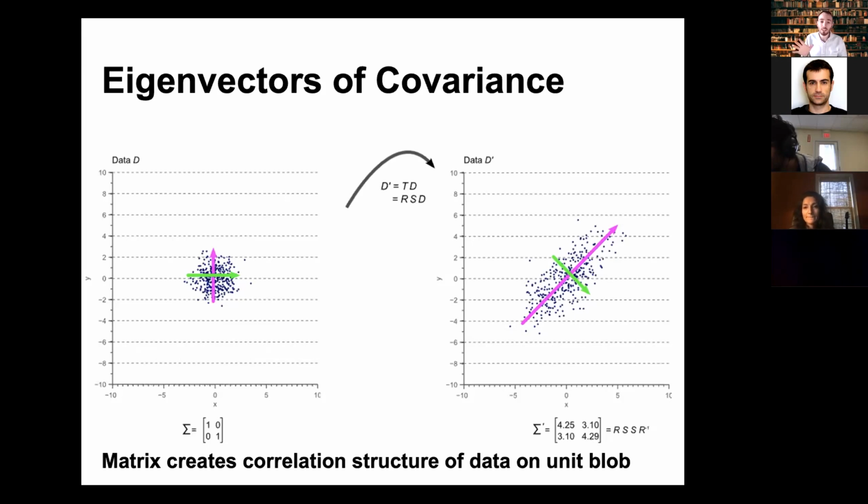But the way that I like to think about it is that if there are axes that are really tightly related and have a lot of spread, their covariance is quite large. And so if you find that matrix representation of those variables, the eigenvalue is also going to be quite large. And so you can find these axes of variation within the data set.